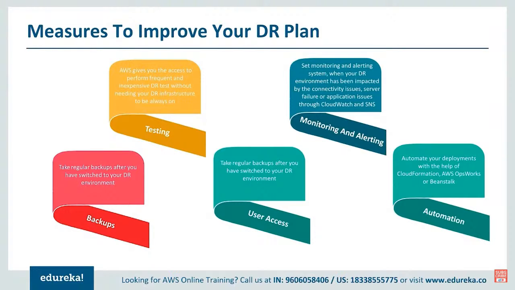So use appropriate tools. You can use tools from AWS, which is CloudWatch, or you can extend your existing monitoring tools. And then automation is the best thing that you can do for your applications, wherein tools like CloudFormation and OpsWorks would help you build the environment on the fly. Since everything has been scripted and tested, it would always give you the same result.